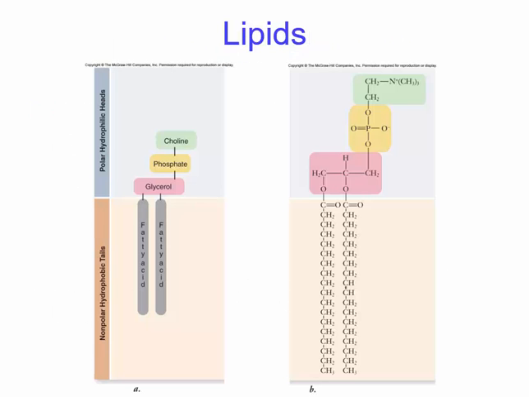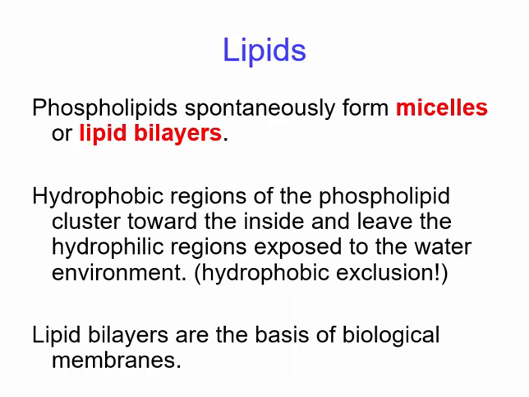Here's what a phospholipid looks like, a couple of different ways to look at it. Again, those nonpolar tails. Here's our glycerol, a nice big polar phosphate group, as well as this choline group here. But it's the phosphate that's really driving that polarity. So why are these so important?